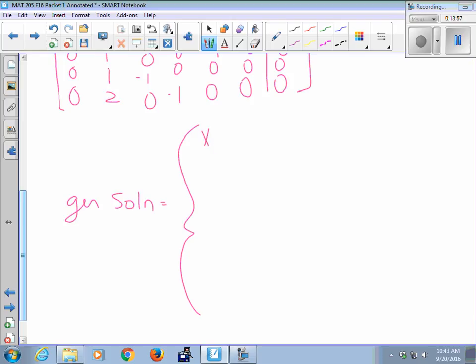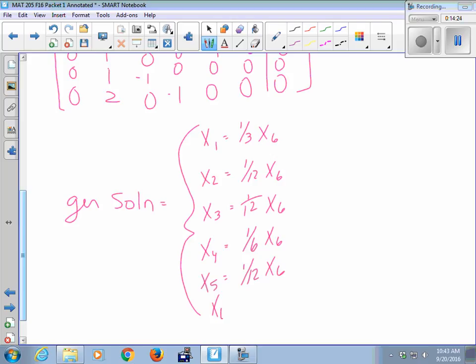So we end up with x1 is 1/3 x6. x2 is 1/12 x6. x3 is 1/12 of x6. x4 is 1/6 of x6. x5 is 1/12 of x6, and x6 is the only free variable. So it's the free variable because that would be the only column when you RREF with no pivot.